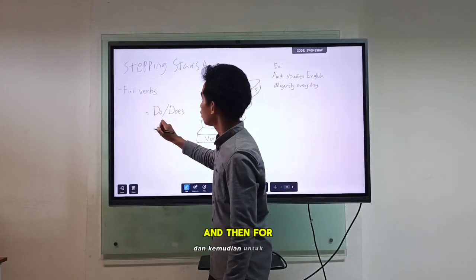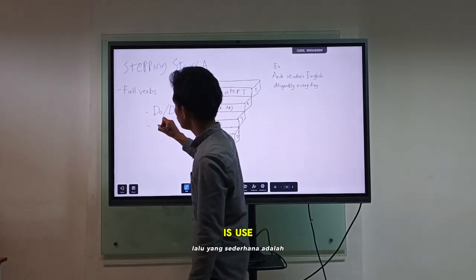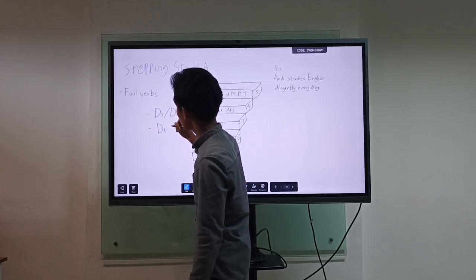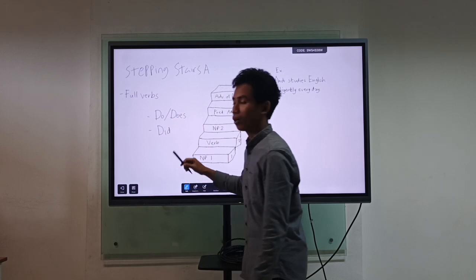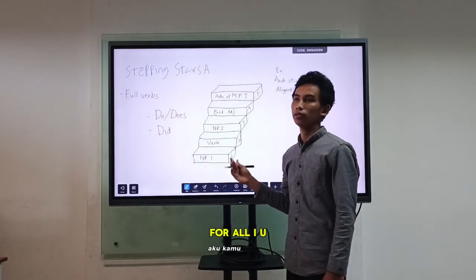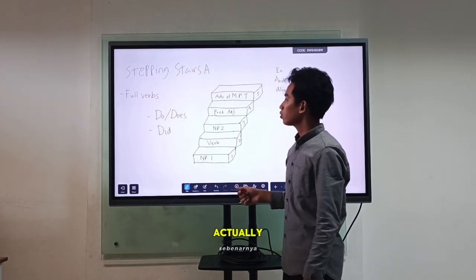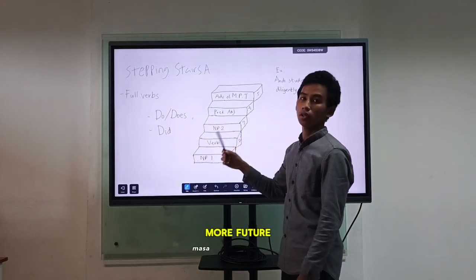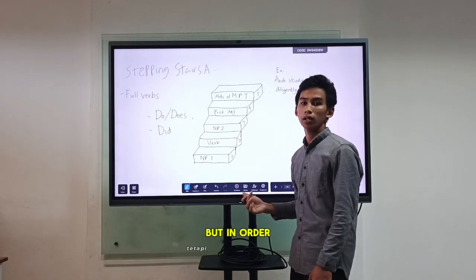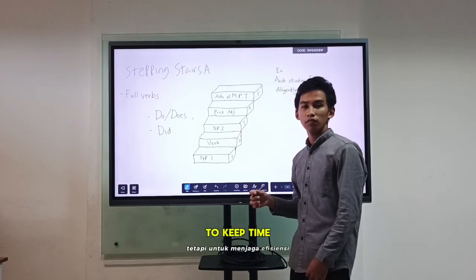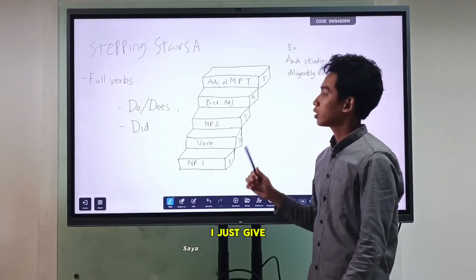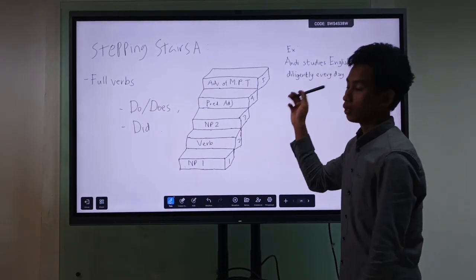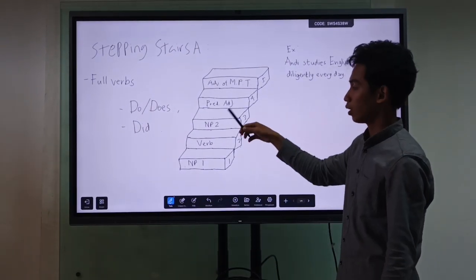And then for simple past, use did, for all of I, you, they, we, he, she, it. Actually, there are many more, like future, continuous, and modal. But to keep time efficiency, I'll just keep it to how to apply it as a sentence to the steps.